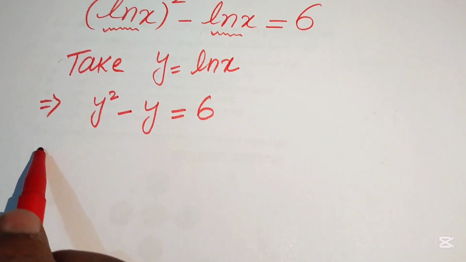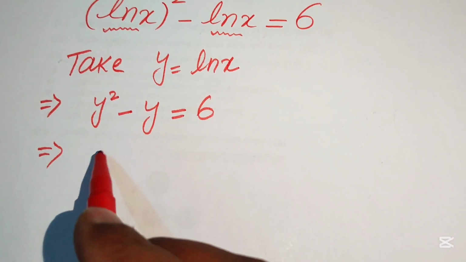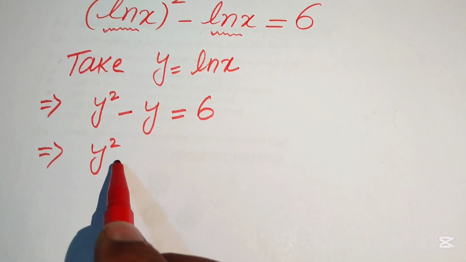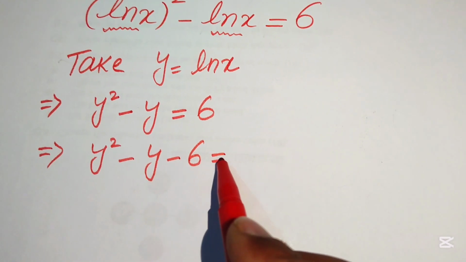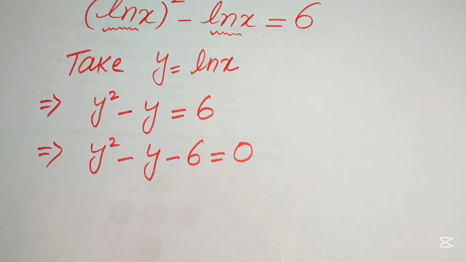First of all, we move this 6 to the left-hand side, so it will be written as y squared minus y minus 6 equals 0.